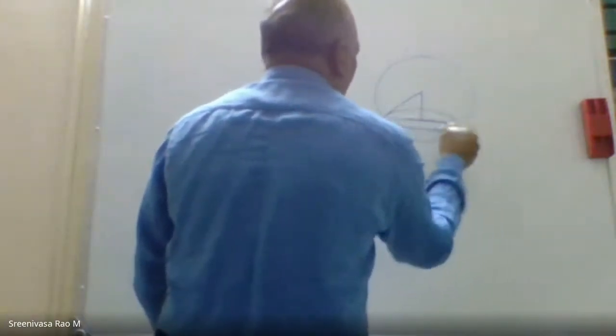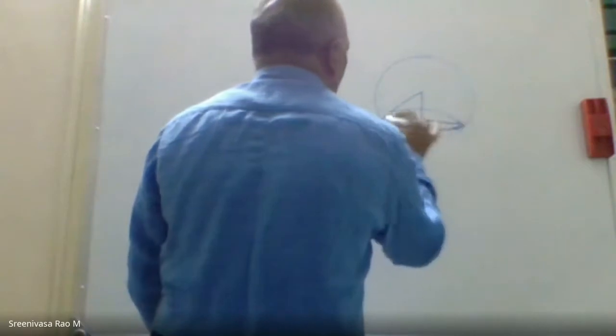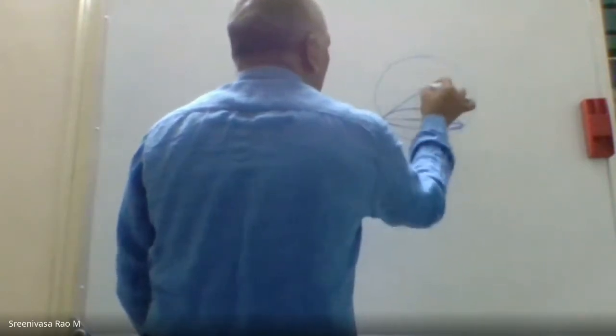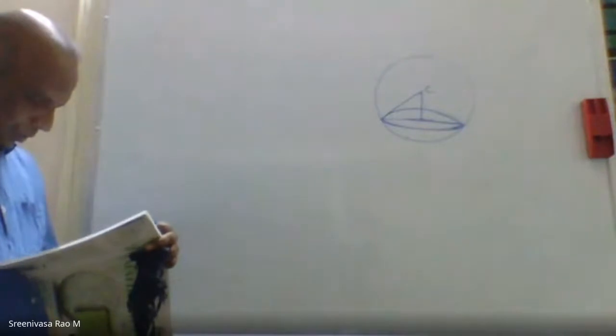So this is a circle, right? Consider this is one plane. The center of this one, C, you can find it, right?